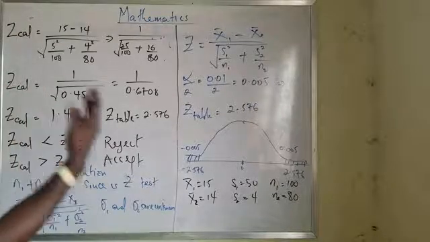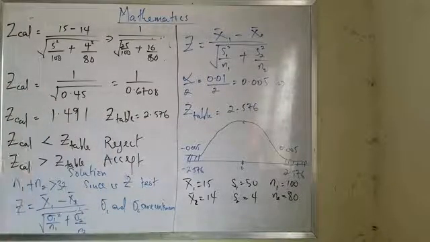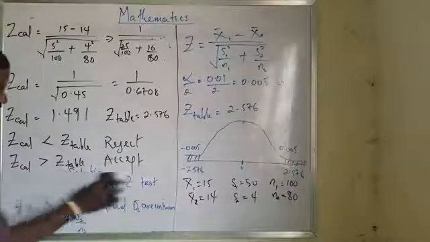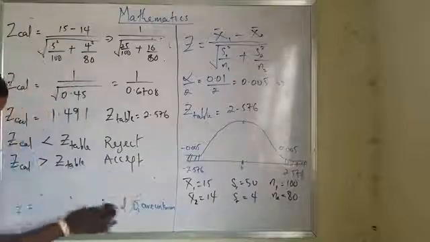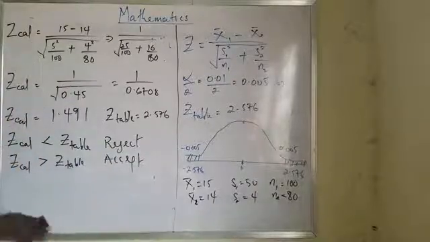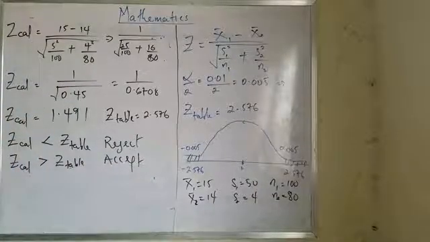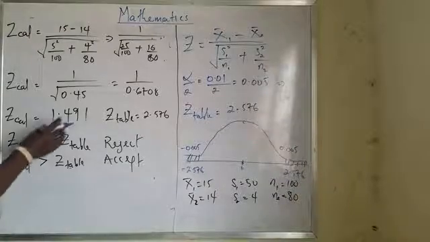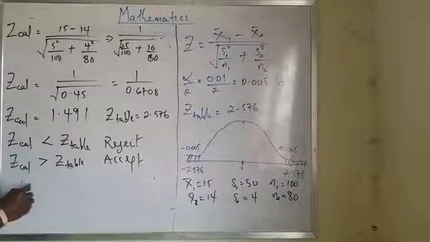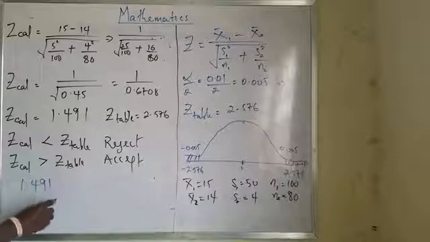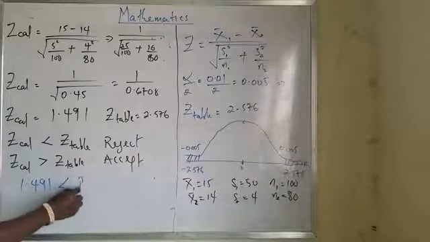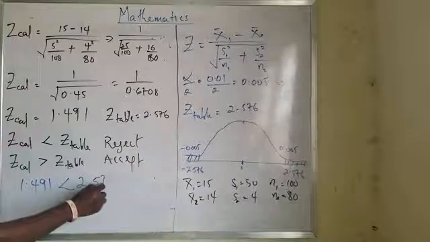Now I've taken the region and everything. Permit me to rub the beginning of the solution. What is my z table? My z calculated is 1.491, which is less than 2.576.